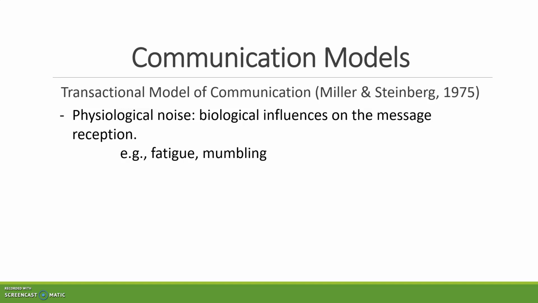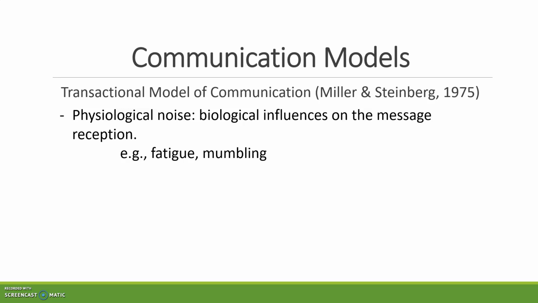So next, I want to talk about the physiological and the psychological noise. These two noises are kind of similar to each other, so we're going to talk about them together to do a comparison. First, both of them have something to do with the communication partners, the message receiver or the message sender.